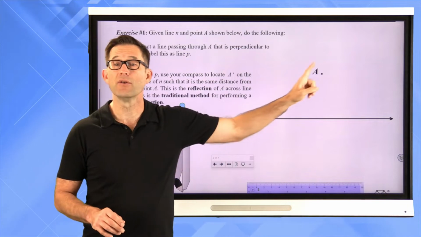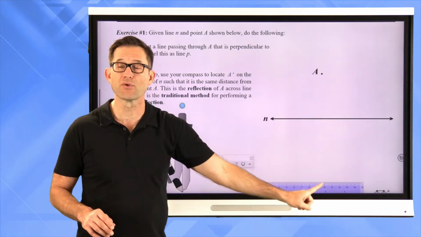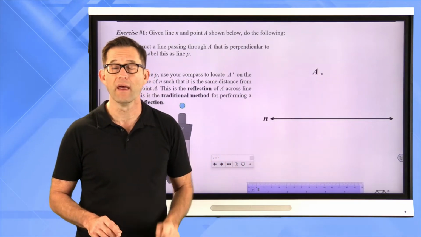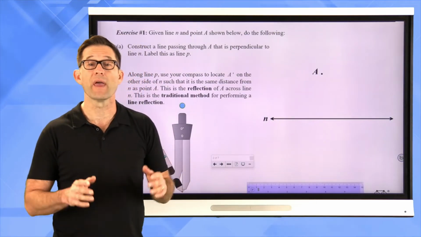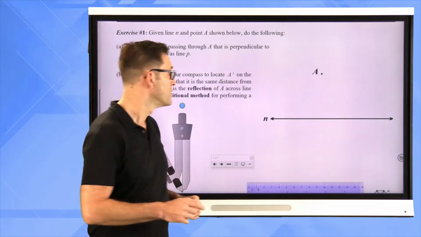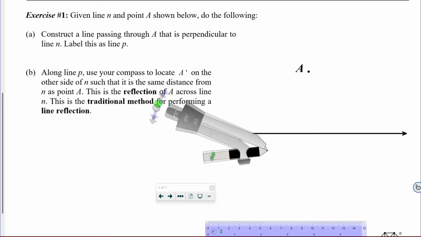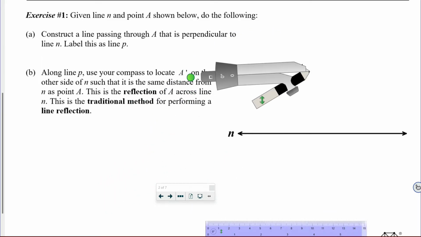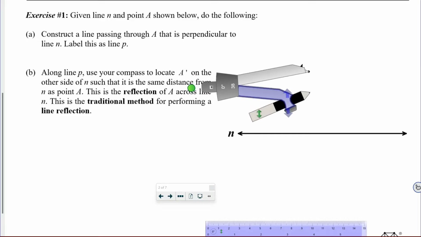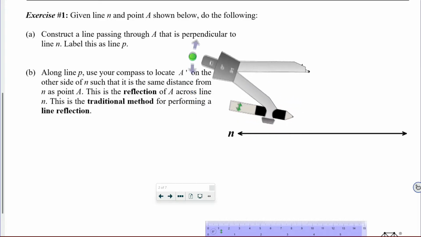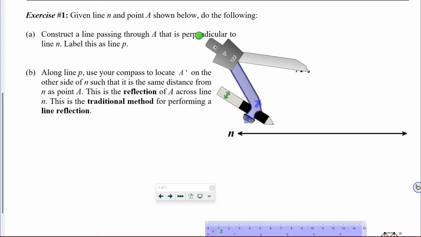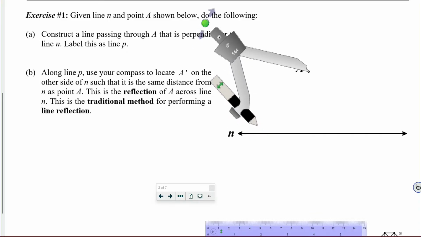So the first thing I'm going to do is construct a line that passes through A that is perpendicular to N. This is one of the last lessons that we actually did before this one, so let's recall how we do that. The first thing I'm going to do is bring my compass over to point A, and construct an arc that is centered at point A that passes through line N twice.